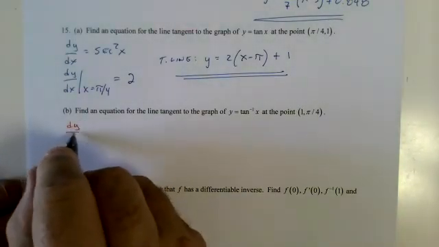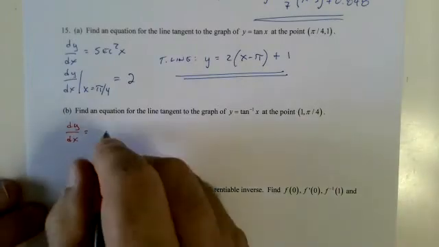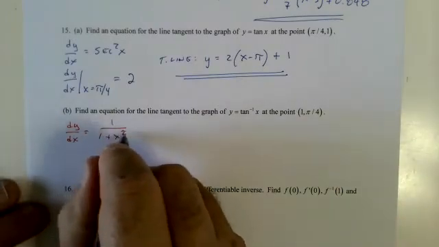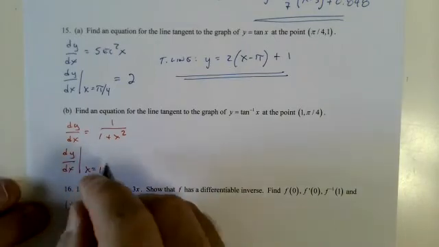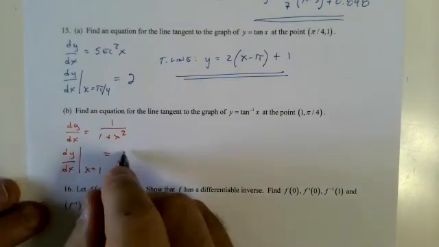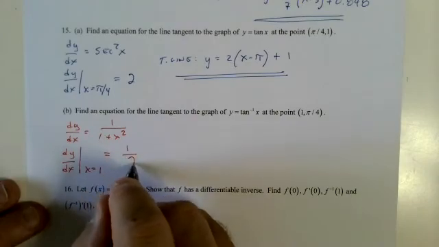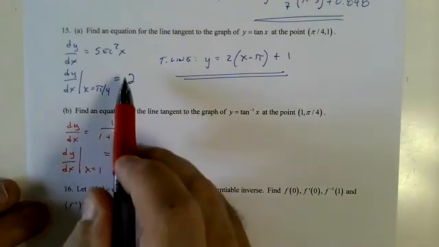dy dx equals 1 over 1 plus x squared. At x equals 1, dy dx is 1/2. Ooh, look at that.